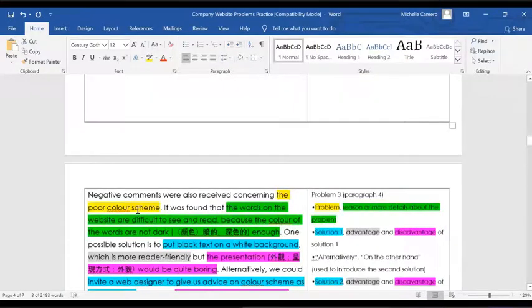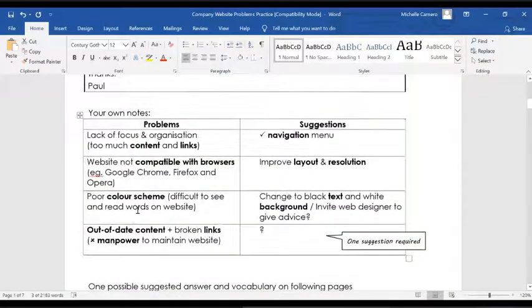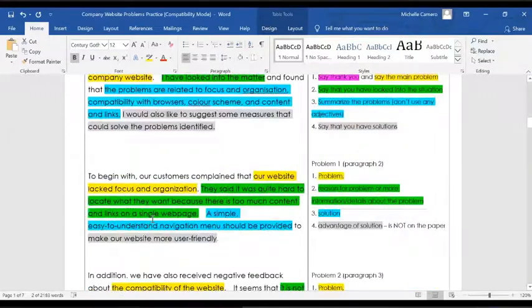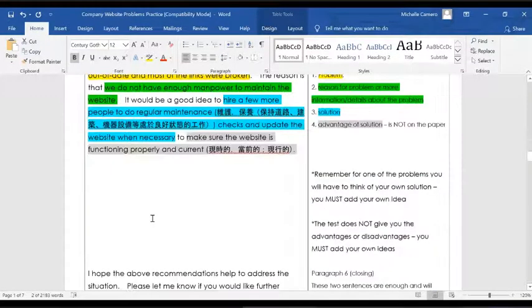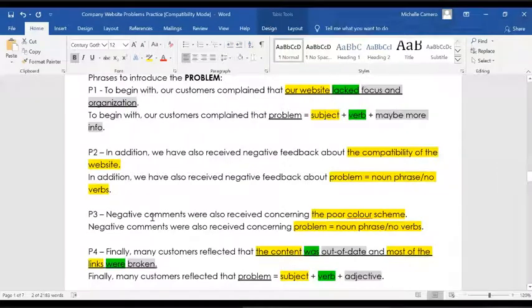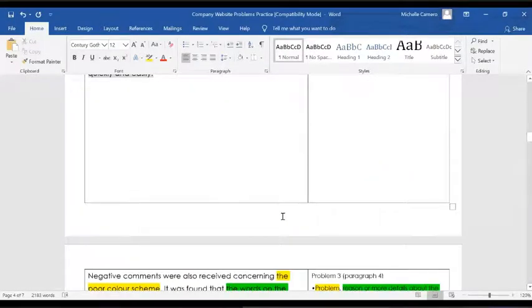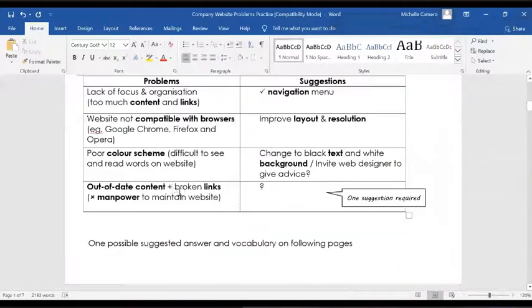If you go back up to the practice paper, we have out of date content, right? Because they put the adjective out of date before the noun content. So in the sentence, we have, let me go all the way down here, content, verb, and then adjective, out of date. So basically what they do, and I'll show you on the other one as well, broken links, right?